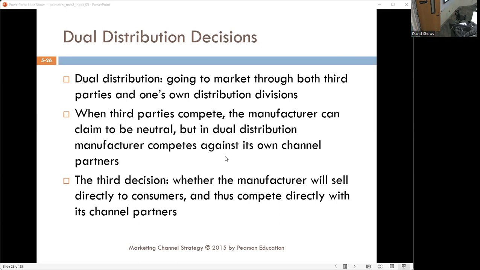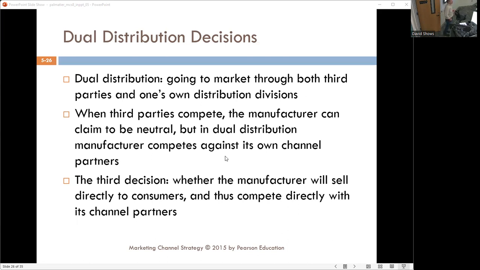In dual distribution, the manufacturer's claim to neutrality is no longer valid. Manufacturer can no longer have a valid claim for neutrality.